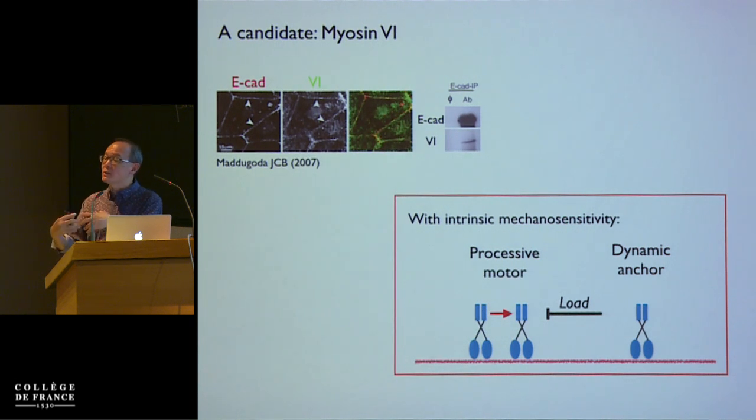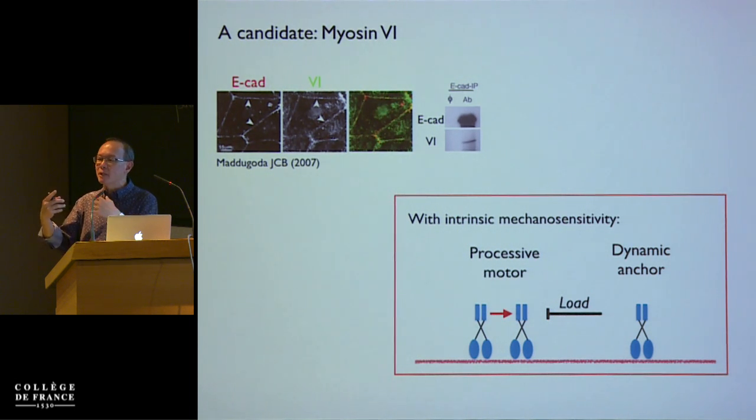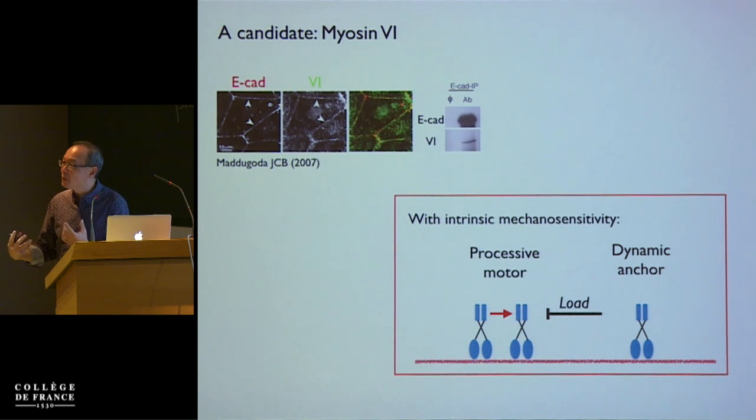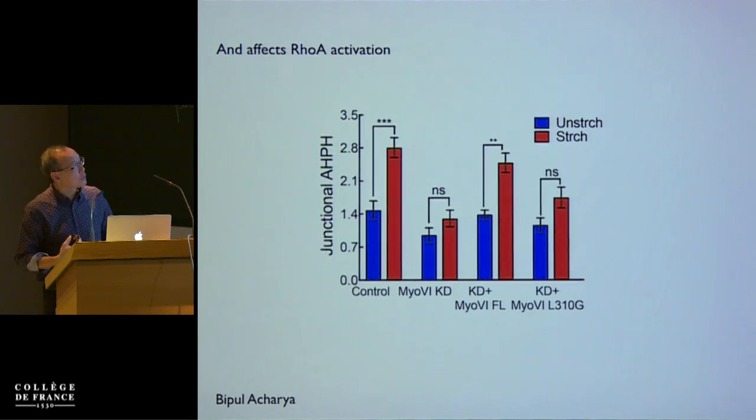When myosin 6 sees a load, it converts from being a nice processive motor to being essentially an actin-based anchor. So it has a very powerful intrinsic change in behavior that we thought could be kind of cool from our point of view if it were able, at junctions, to sense forces being applied to junctions.